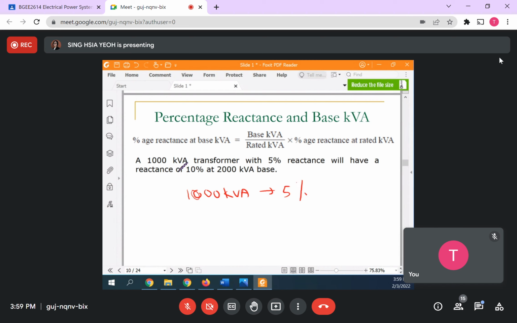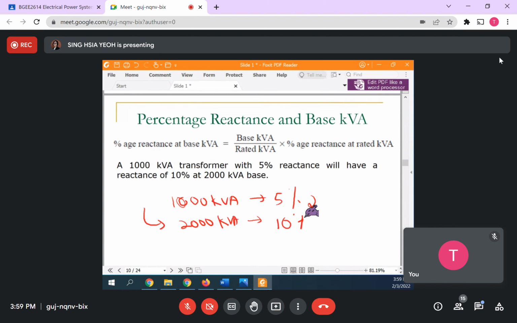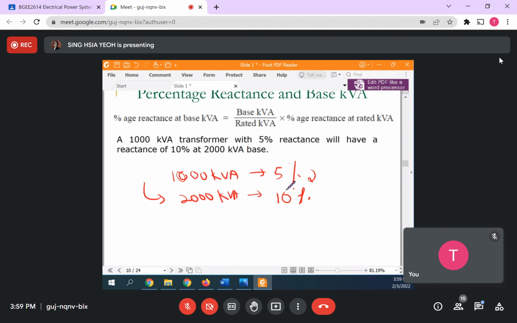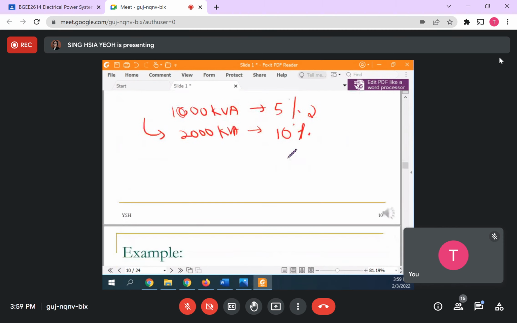If the base value changes to 2000, this 5% will become 10%. So it's a bit like the PU thing: to change to a new reference, you have to adjust the value according to the new reference.